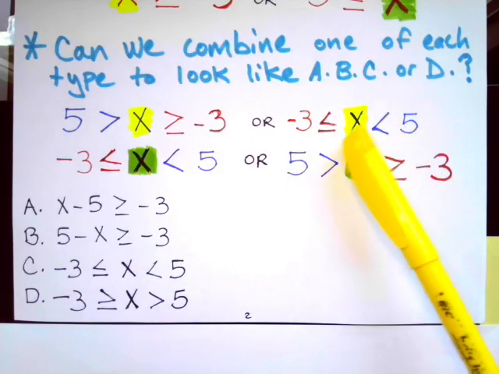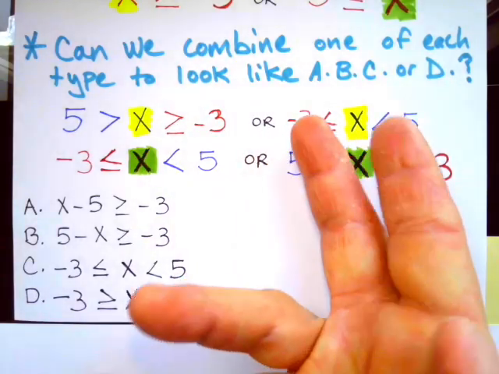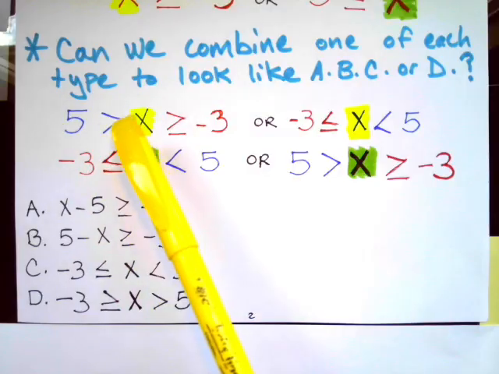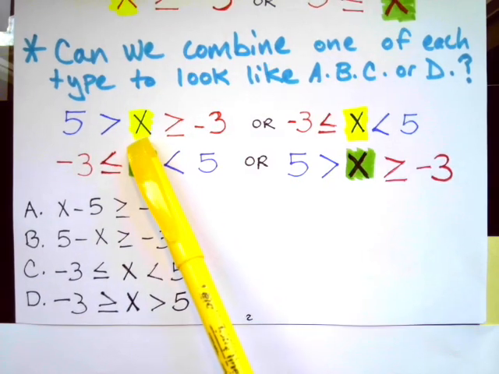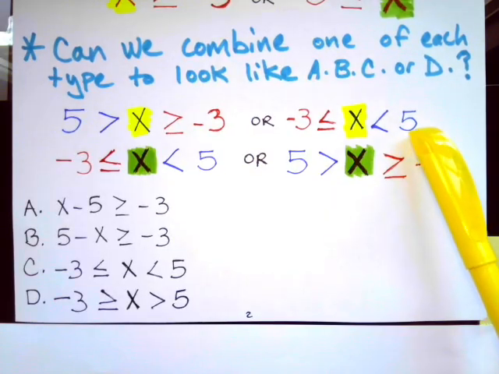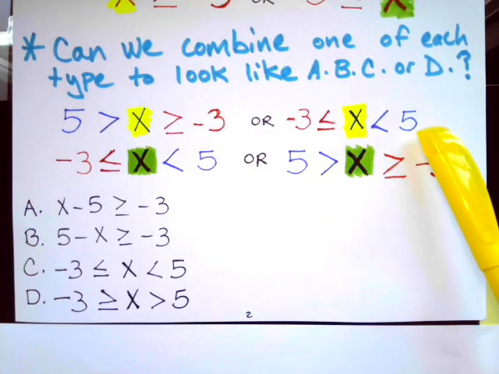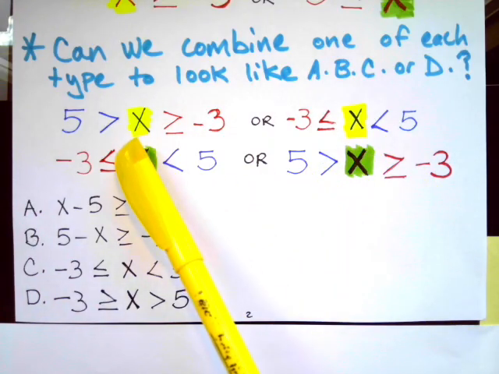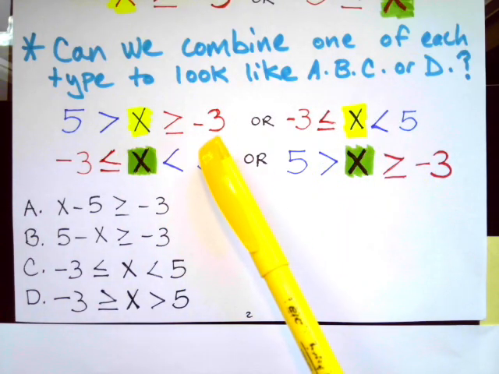Okay, we're getting close. What if I took this and flipped it over? You see it here, right? You see 5 is greater than x, which means the same thing as x is less than 5. X is less than 5 is in our statement. And then if we look at this here, x is greater than or equal to negative 3.